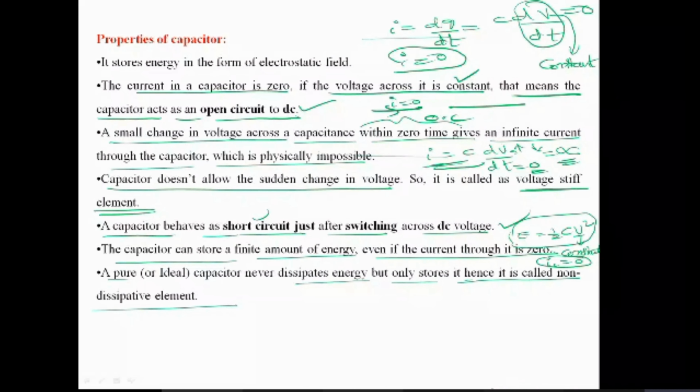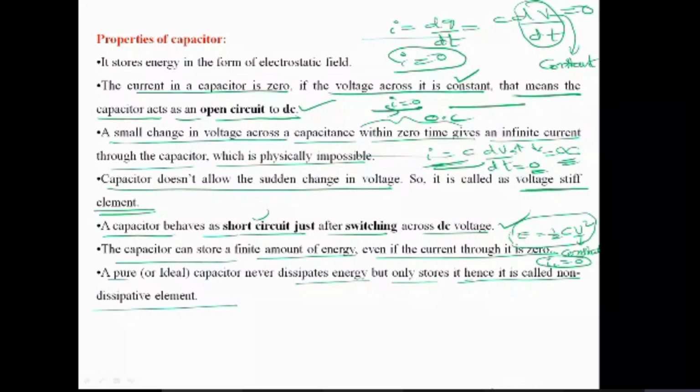And after discussing the passive elements, namely resistance, inductance, and capacitance, we have also discussed their voltage current relations. In case of a resistor, what is the voltage current relationship? V is equal to IR, that is Ohm's law. In case of an inductor, V is equal to L di by dt.